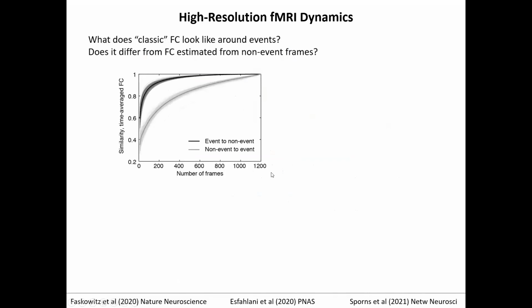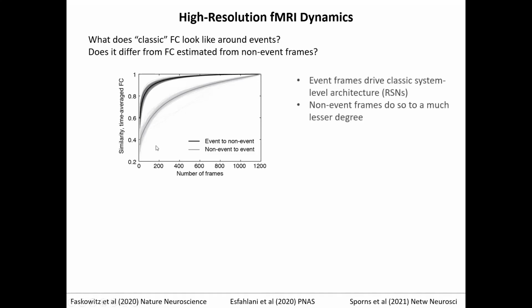What does classic functional connectivity look like when events occur? To establish that, we take these snapshots of brain activity when events occur and average them together to see what the pattern looks like, effectively doing a decomposition of the full FC into components. It turns out that the event frames really drive what we see in the full FC. It has a mathematical reason for this. It's not surprising in some ways.